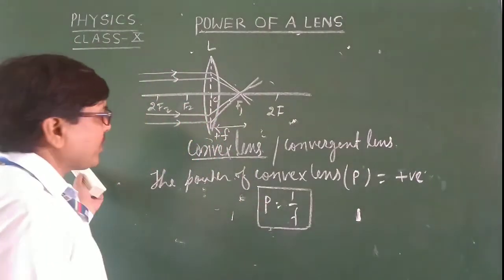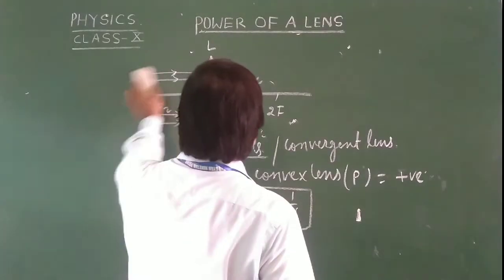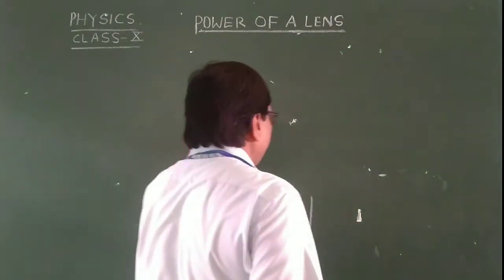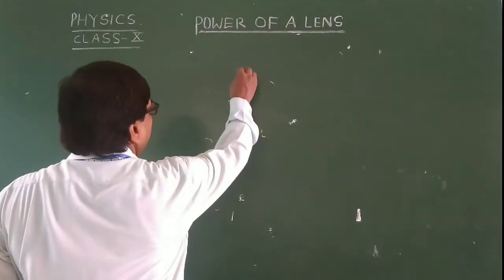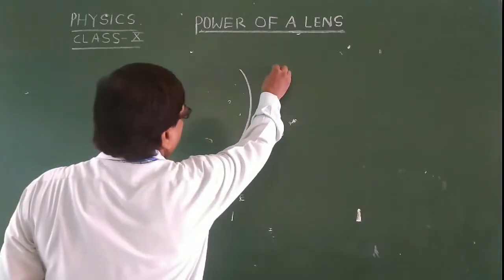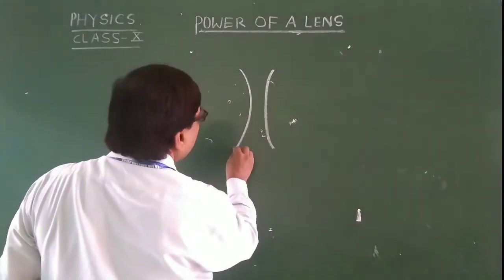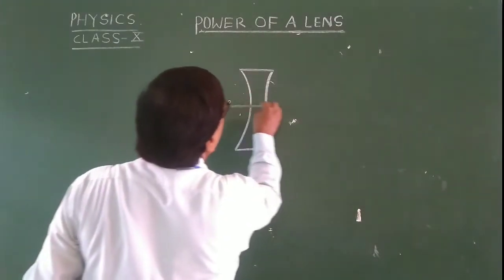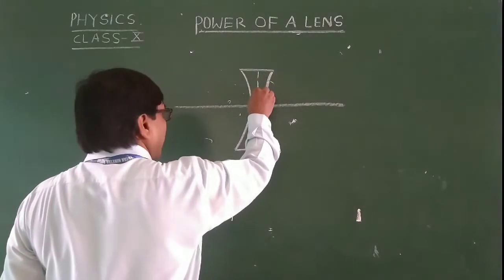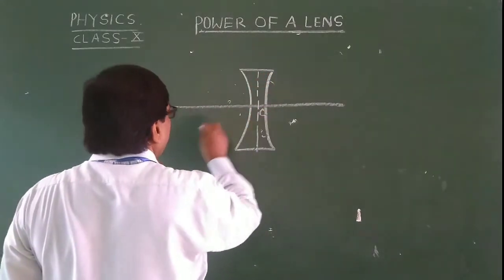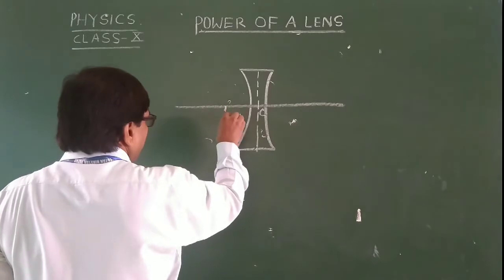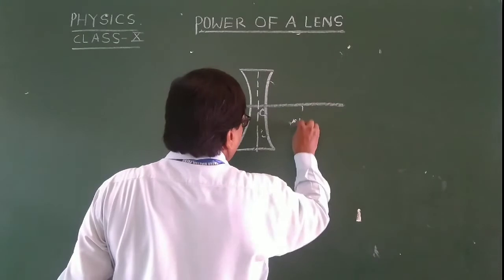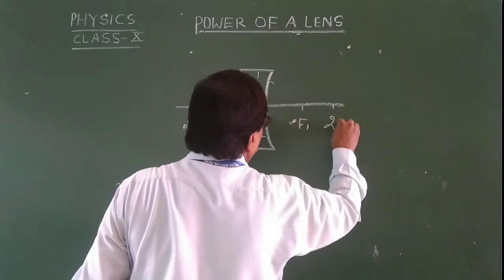For concave lens, next, let us consider a concave lens here. This is the optical center, and this is F2, this is 2F2, this is F1, this is 2F1.